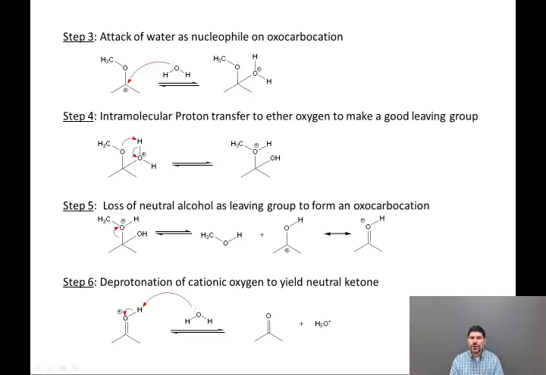The 2 methanols were kicked off in step 2 and then in step 5. And then finally we have lost the 2 hydrogens that were originally on the waters in step 4 and step 6. So every step of this mechanism does something to get us closer to the final products that we want.